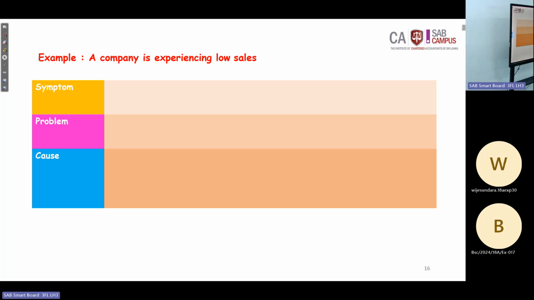Symptoms, decrease of profitability. Liquidity issue. Okay. Ineffective marketing strategies and pricing.